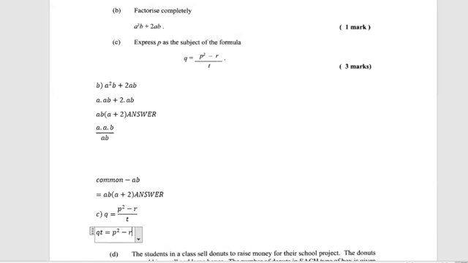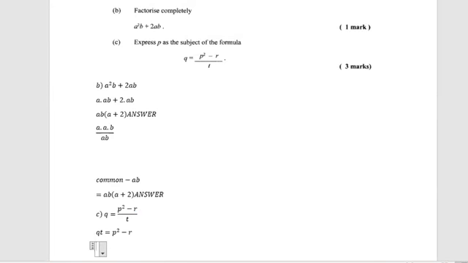So I'm basically adding r to both sides of the equation, or the same thing as moving a negative r from the right hand side and putting it to the left hand side. So what I'll now have is qt plus r. The r was subtracting on the right. When it comes across, it will be adding.